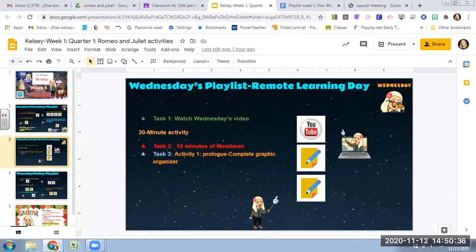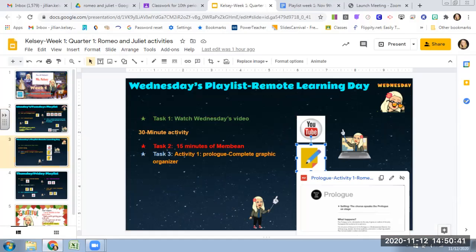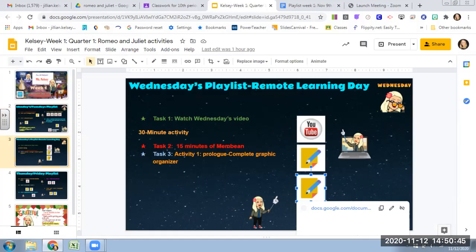On Wednesday, you had your 15 minutes of MemBean. Activity 1, here's the PDF, and then the actual assignment is on Google Classroom. So that was your 30-minute activity on Wednesday.